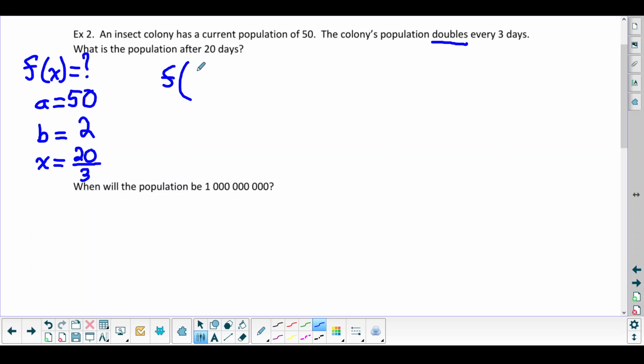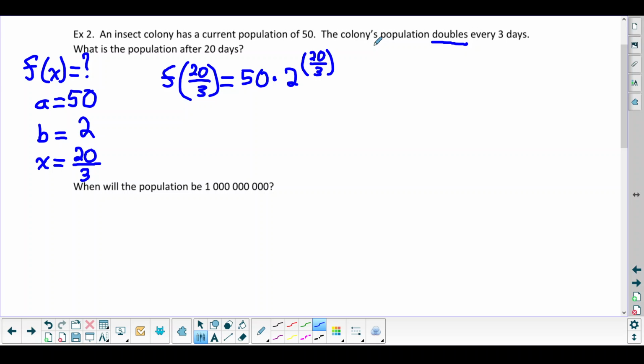So f at 20 over 3 is equal to A, 50, times 2 to the power of 20 over 3. Now, when you're plugging this into your calculator, you're going to want to be very careful.